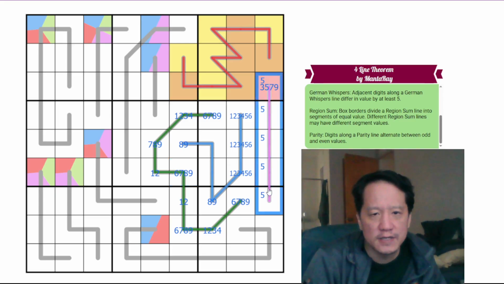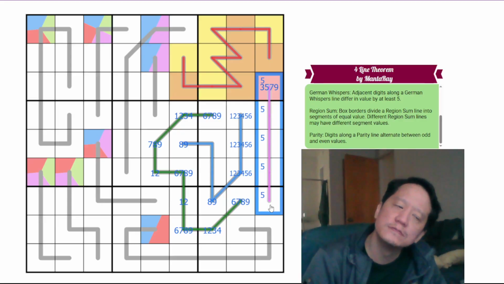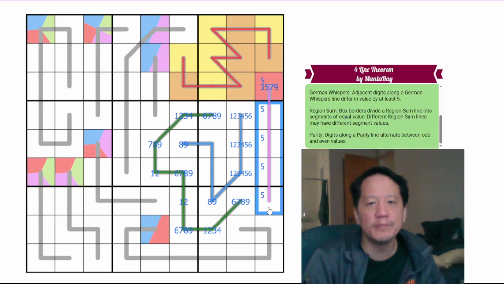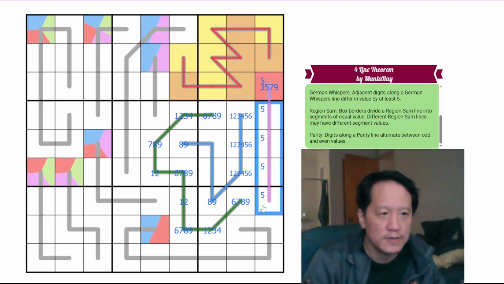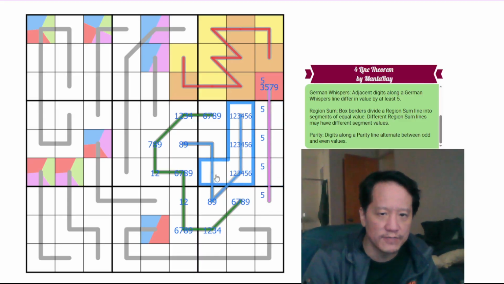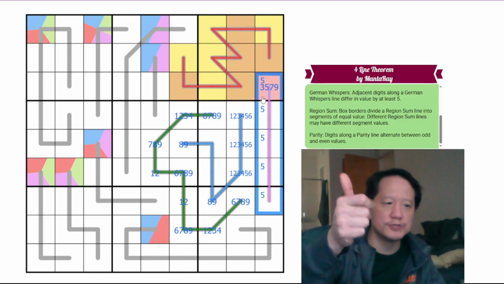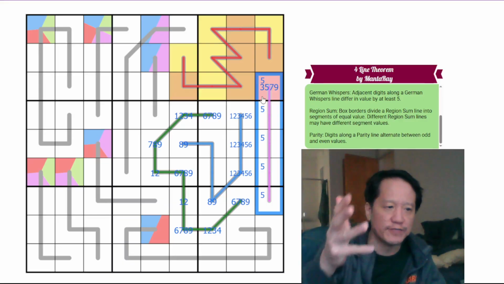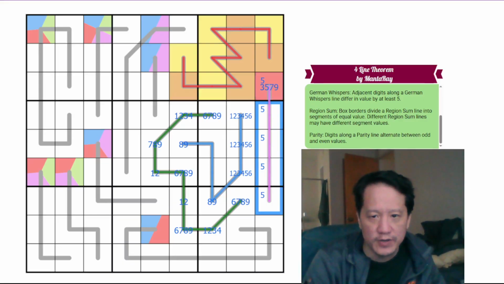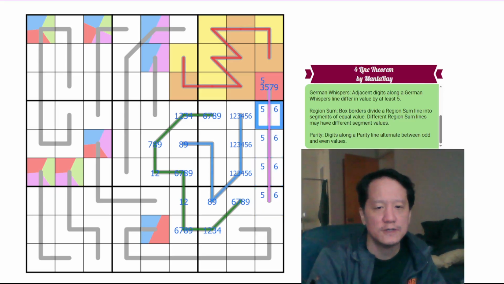This has to have a 6. Because, again, it can't be 1 through 5. Because these would have to have at least 2 lows, and we have to have 3 lows guaranteed here. So it's 2 through 6, 3 through 7, 4 through 8, or 5 through 9, all of which contains a 6. So we have a guaranteed 6 here.